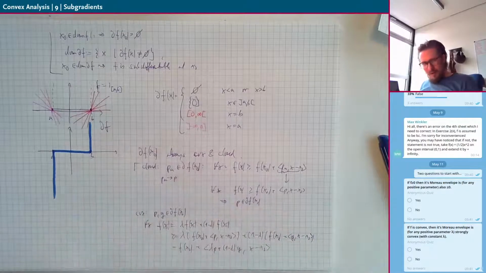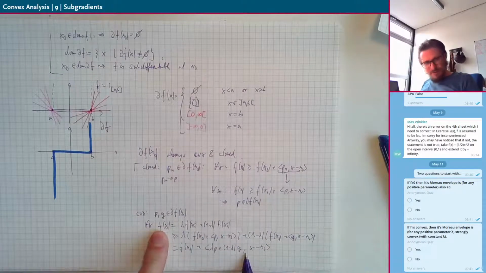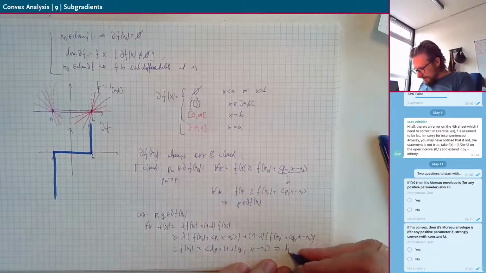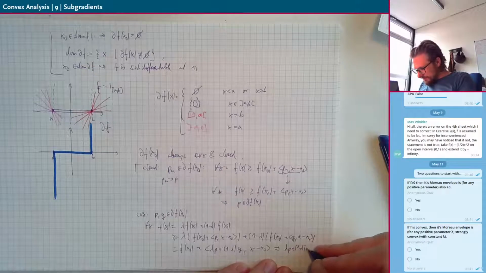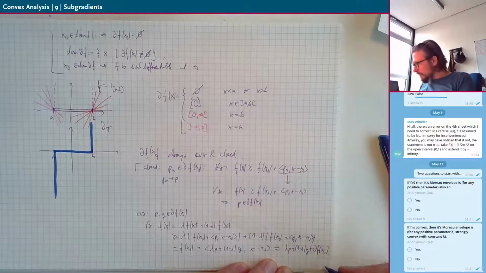And this holds for all x, so this whole line of inequalities holds for all x, and this shows that lambda p plus 1 minus lambda q is again a subgradient of f at x0.